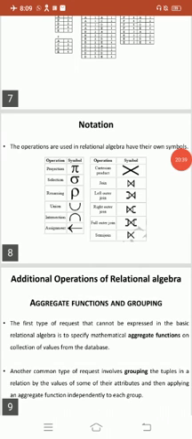So what is meant by grouping? Another common type of request involves grouping the tuples in a relation by the values of some of their attributes and then applying an aggregate function independently to each group. That is called grouping.